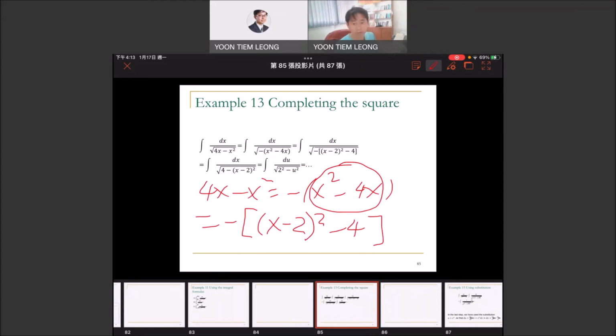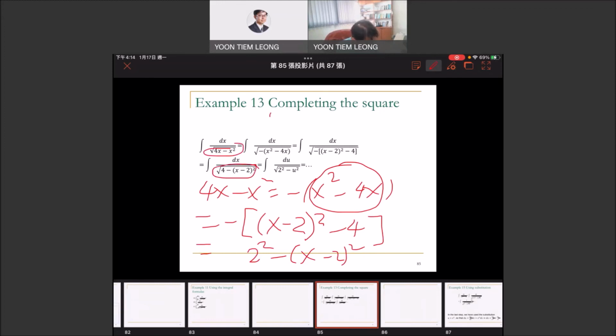You do completing the square, I think, in Form 4 or Form 2. It's a standard mathematical trick that you could do. So then you just write this as 2 squared minus (x minus 2) squared. Right? So now you are able to convert this integration into the standard form.